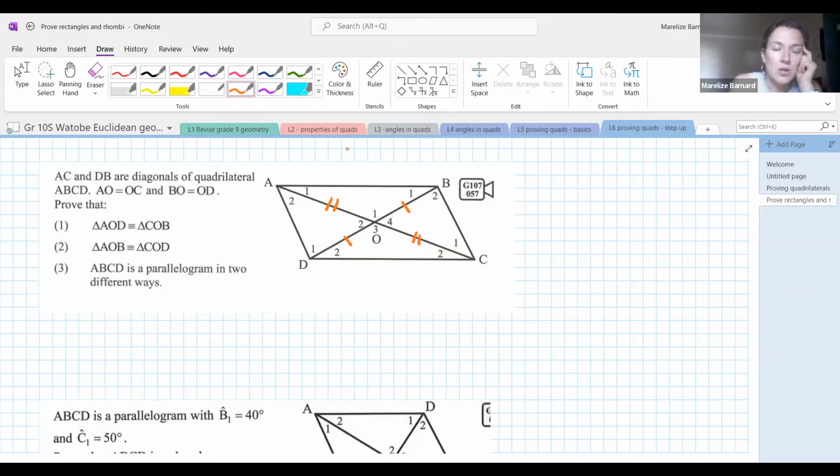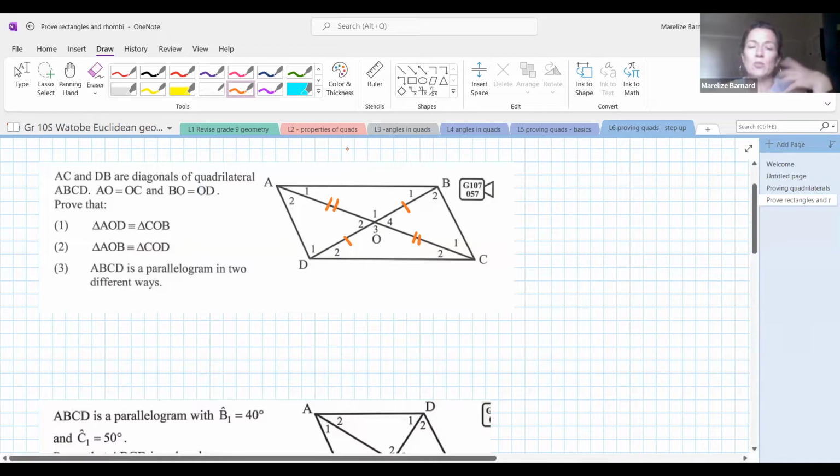Okay, so the diagonals of this quadrilateral actually bisect. But that's not what it is actually asking for. That's just something that you can maybe notice. So once you have put down everything that's given, normally you would go on your fact-finding mission and you would start finding angles that are equal, other sides that are maybe equal.